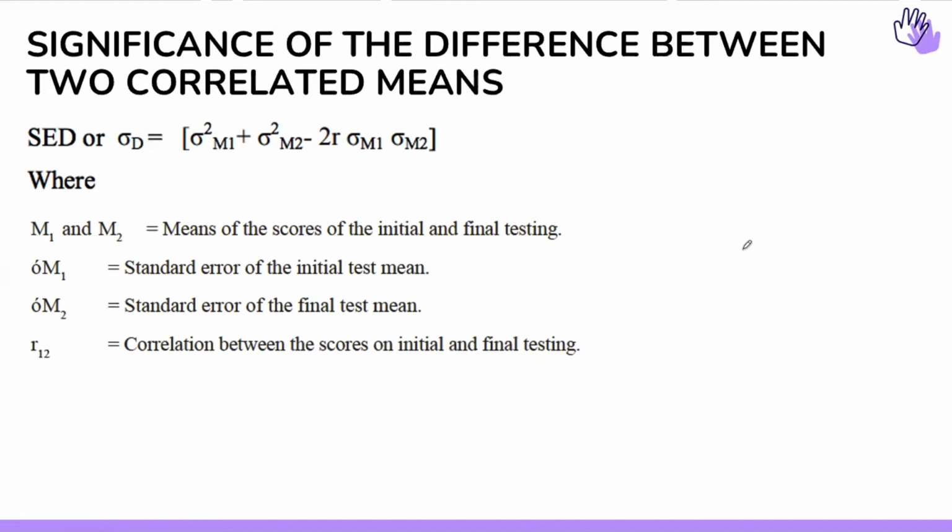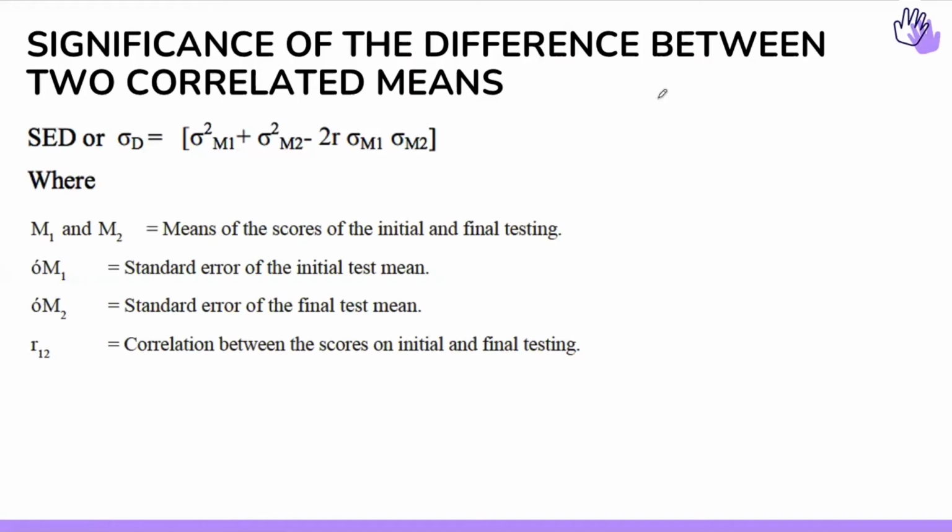Means are said to be dependent or correlated when obtained from the scores of the same test administered to the same sample upon two occasions, or when the same test is administered to equivalent samples in which the members of the group have been matched from person to person.